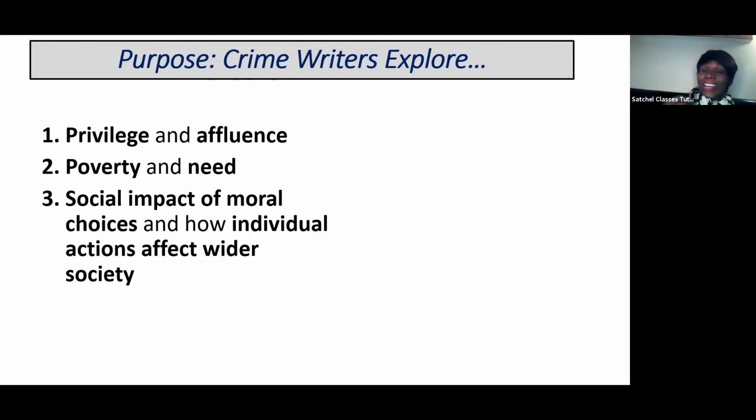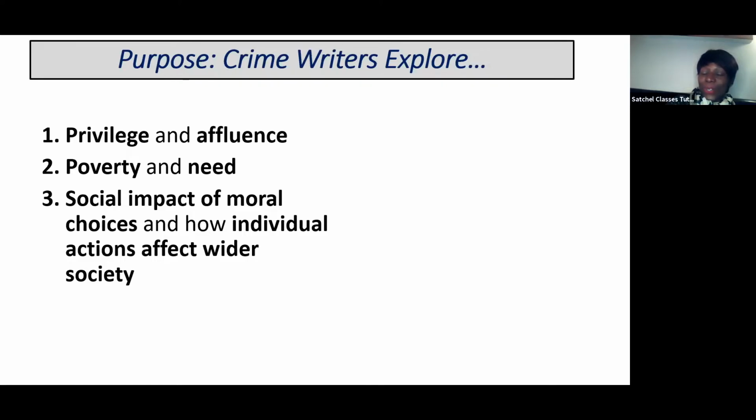So how do our individual actions affect wider society? What is the social impact of our personal morality? And so he's using this character, Scrooge, to really explore ideas of privilege, of suffering and poverty, and of moral responsibility and the wider repercussions in society.